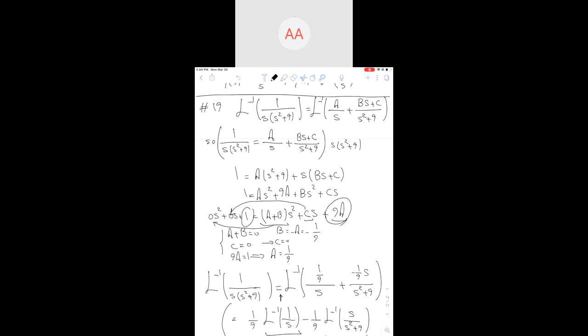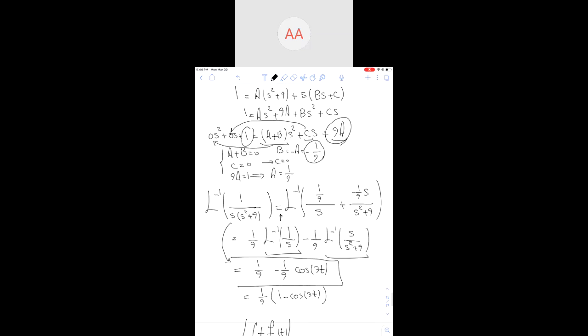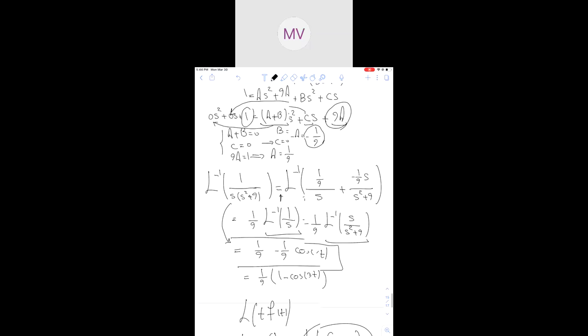Because our initial setup is coming from this guy right here. So it's a over s plus bs plus c over s squared plus 9. We ended up at c equals 0, so that's 0. I don't want to write that down. And then b was negative 1/9, right? Because a plus b equals 0. So if a is 1/9, that means b has to be the opposite sign. So that's why it's negative 1/9. I gotcha. Thank you.